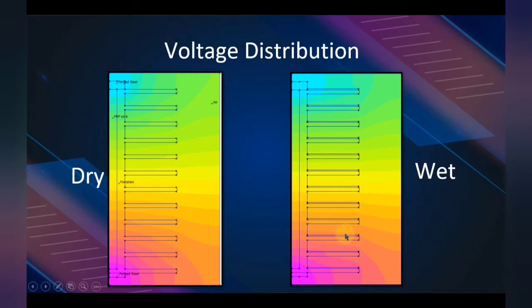It actually spreads through the shed and then to the bottom, unlike the dry that went straight to the bottom. For the wet, it goes to the far right before it goes down. You can see this.